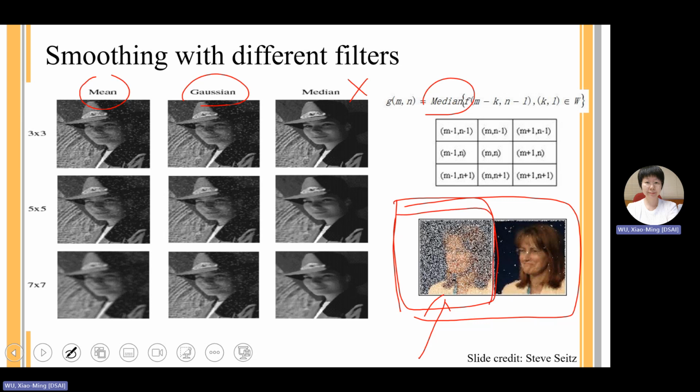After applying the median filter, the result is pretty good, because by selecting the median value, it effectively removes pepper and salt noise.